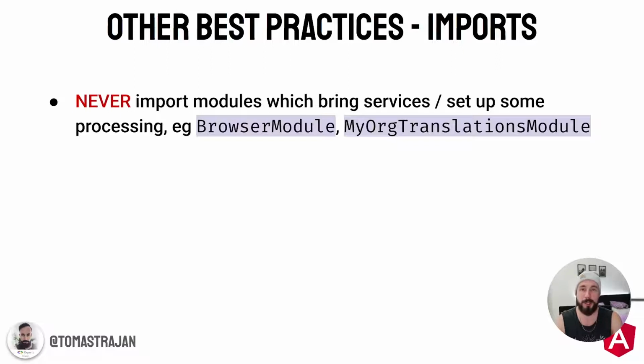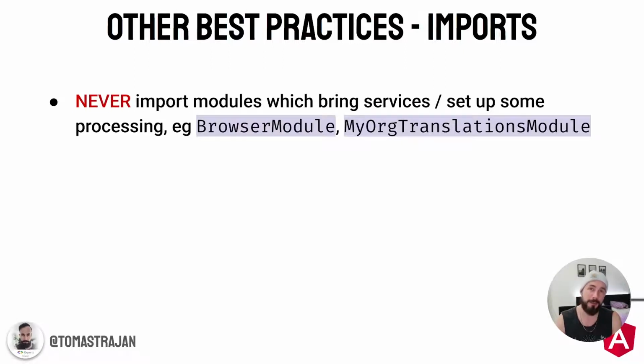Another can be HTTP client module for root, or for example even our own stuff. Anytime a module tries to register application-wide singletons and providers, we should never import it directly in our library, but in the showcase instead, because it's the responsibility of the application to prepare that environment for the library.